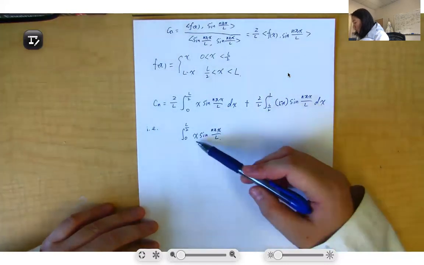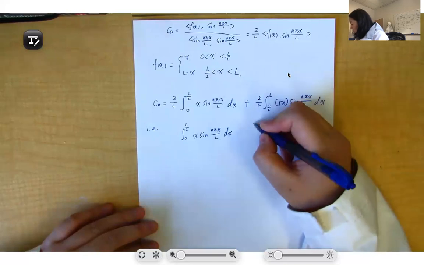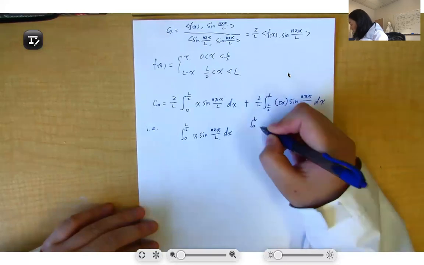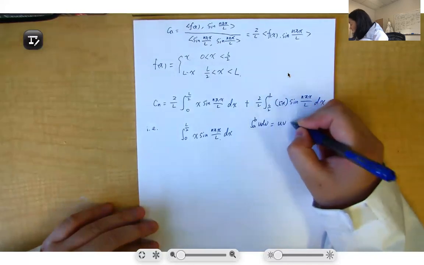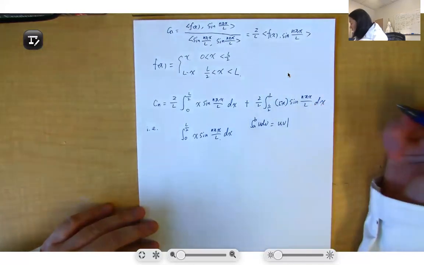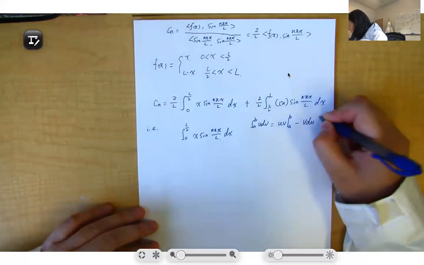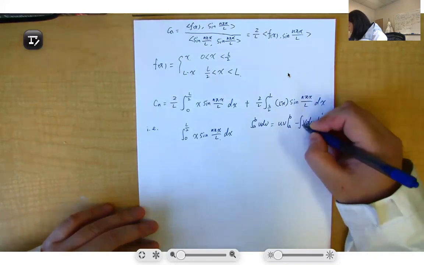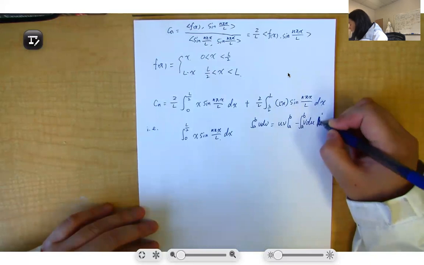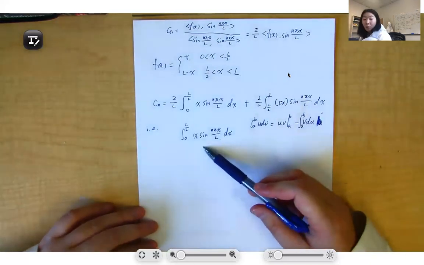The integral from a to b of u dv will be equal to u times v, the product of these two functions from a to b, minus the integral from a to b of v du.